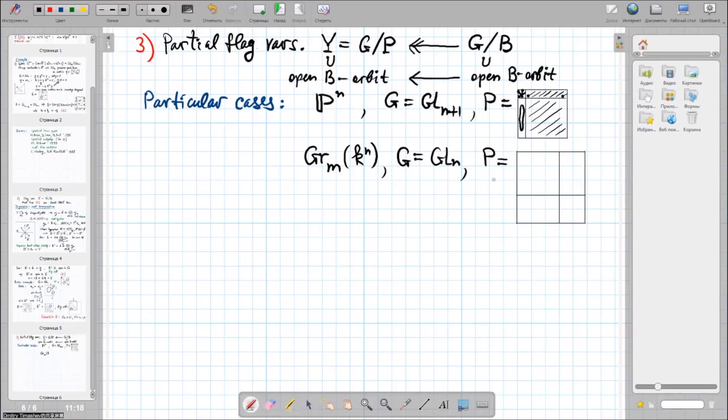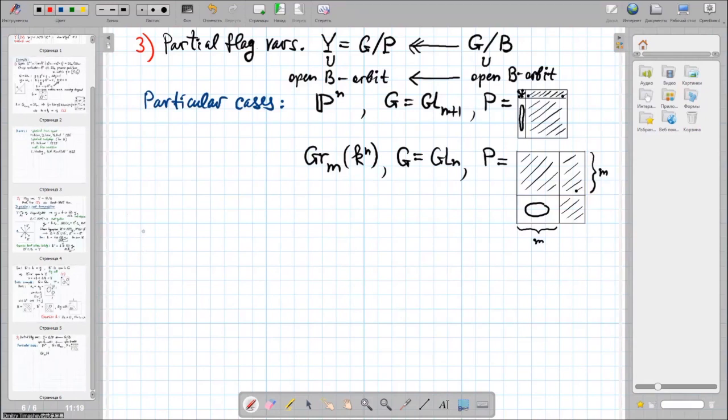There are blocks, with zeros here and anything here, and the size of the upper left block is m by m. This is the stabilizer of a point in the Grassmannian of m-dimensional subspaces. So all Grassmannians are spherical homogeneous spaces because they are particular cases of partial flag varieties.